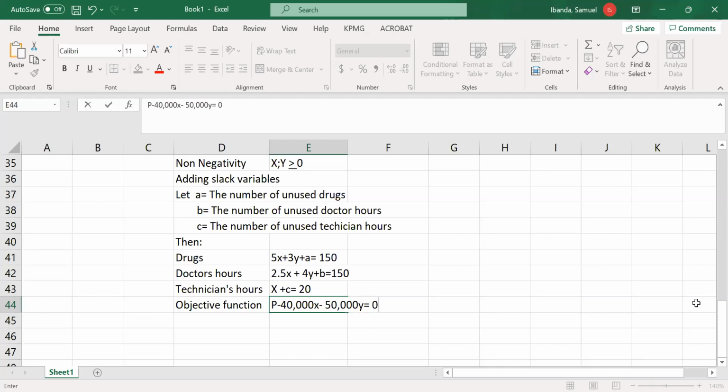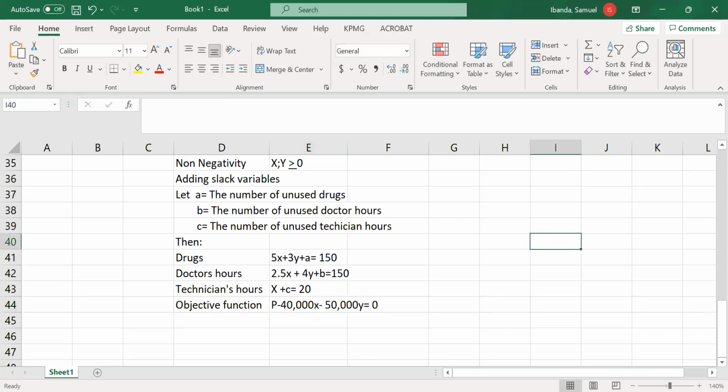So I'm just trying to change the function so that it equals 0. Once I'm done with that, I'm now going to translate that into my tableau. So I just want you to wait and see.